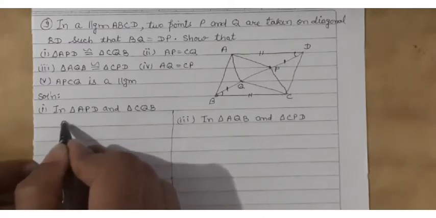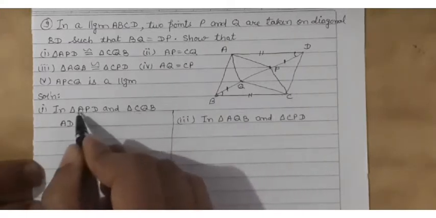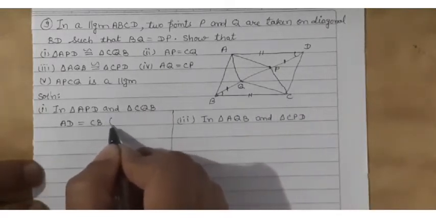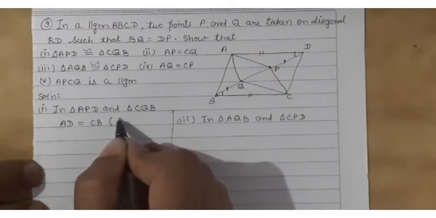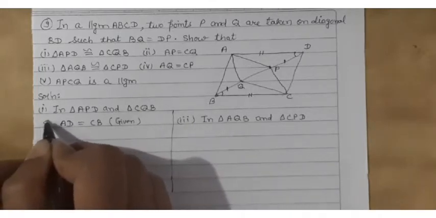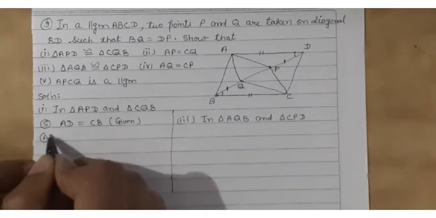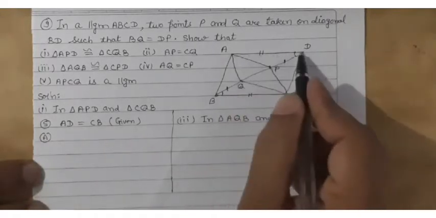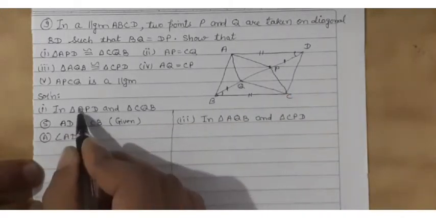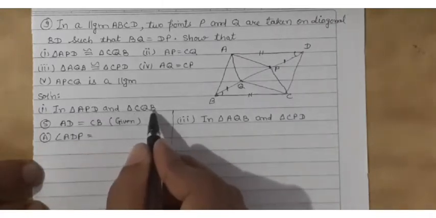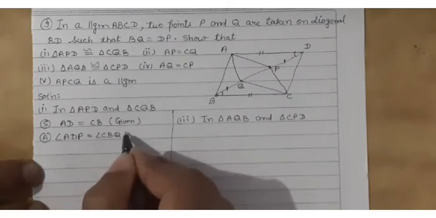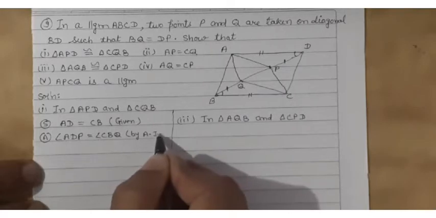First, AD is equal to CB, these are sides of the parallelogram, given in the question. Now I am taking angle ADP equal to angle CBQ by alternate interior angles.